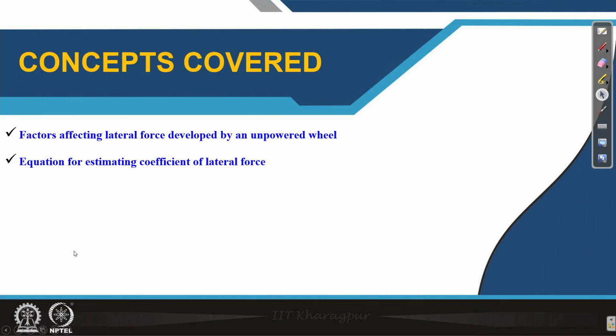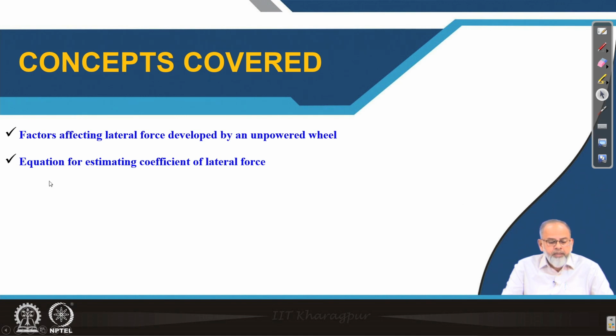Basically, I will try to find out what factors affect the lateral force developed by an unpowered wheel. An unpowered wheel means the tractor front wheel. In a two-wheel drive tractor, the front wheels are unpowered wheels.